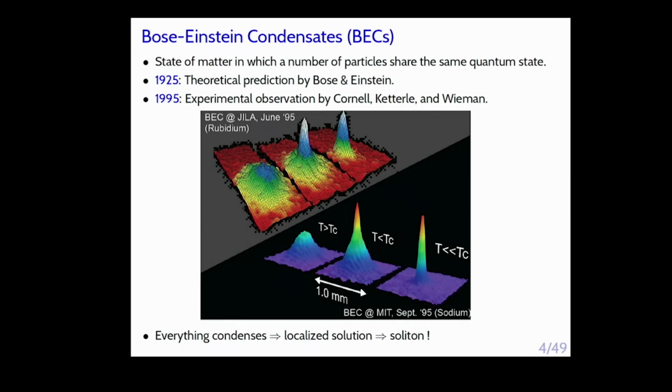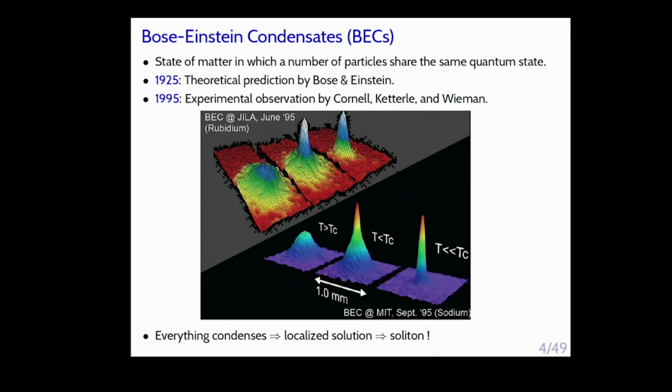So we have seen this slide many times. Bose-Einstein condensation, the fifth state of matter, which was predicted by Bose and Einstein back in the 20s. 70 years later, it was found experimentally by two groups in Colorado, in JILA and MIT. But for me, as an applied mathematician, what we see is that when the temperatures reach very close to absolute zero, everything becomes localized.